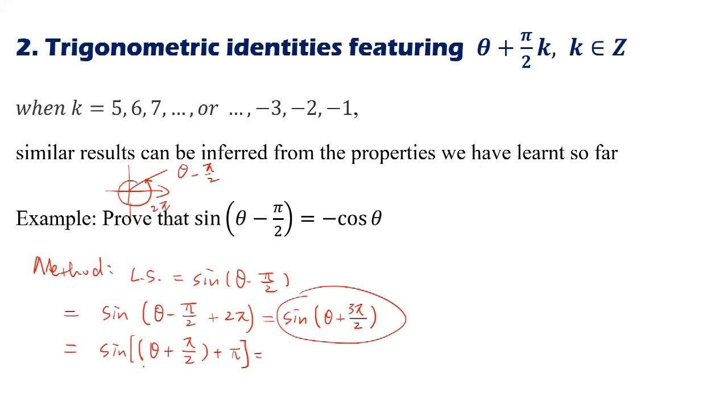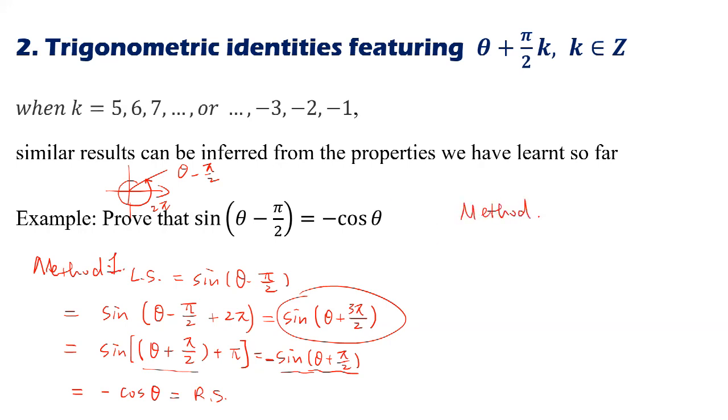Okay, so sine of an angle plus pi equals minus sine of this angle, right? And then sine of theta plus half pi equals cosine theta, right? We have proved this actually. So minus sine of theta plus half pi is actually minus cosine theta, which is the right side, right? Okay, so this is the first method.